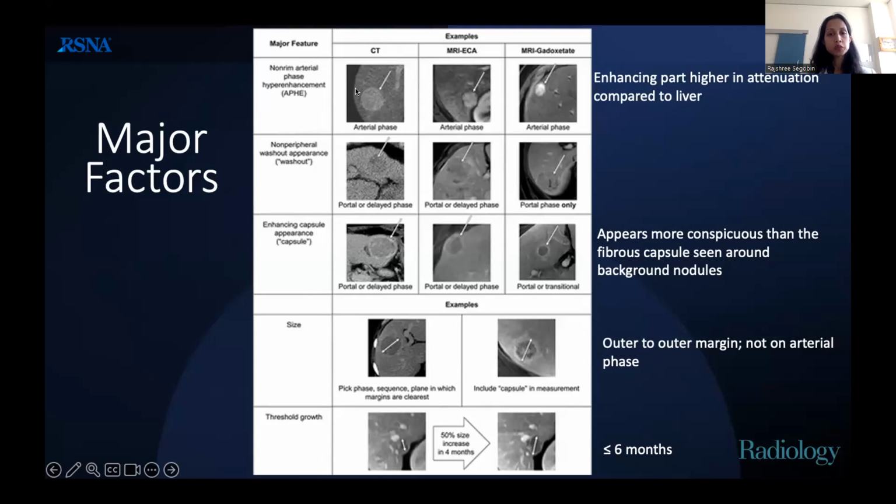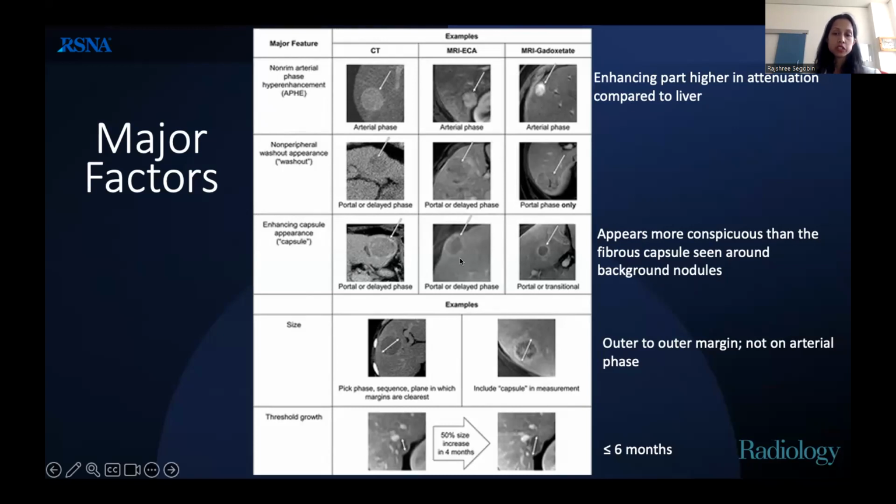The enhancement is relative to the background liver parenchyma, so it needs to be higher compared to the background liver. And we also look for non-peripheral washout, compared to the background liver parenchyma, where the liver nodule is appearing hypodense. On delayed phase, a pseudocapsule can be seen, which is enhancing here.